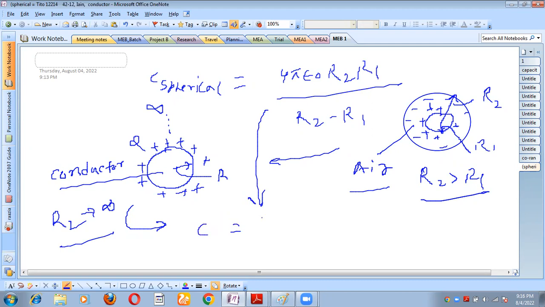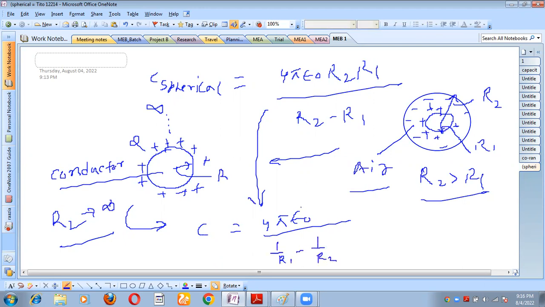C will be equal to 4 pi epsilon naught. We divide numerator and denominator by R1 R2, so we make it 1 by R1 minus 1 by R2.